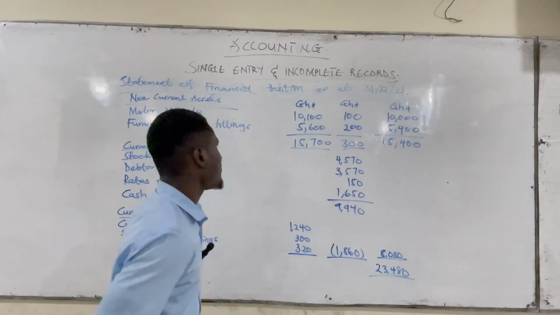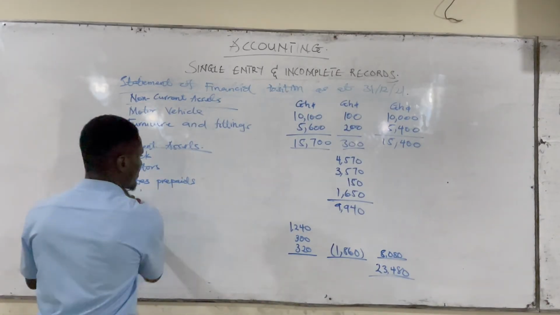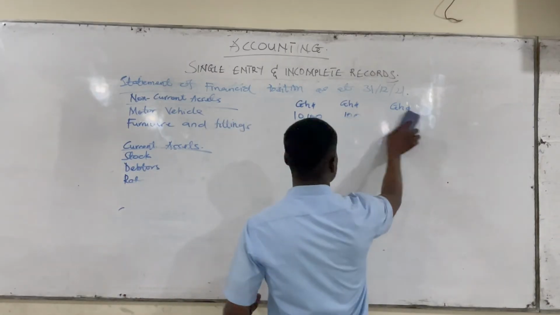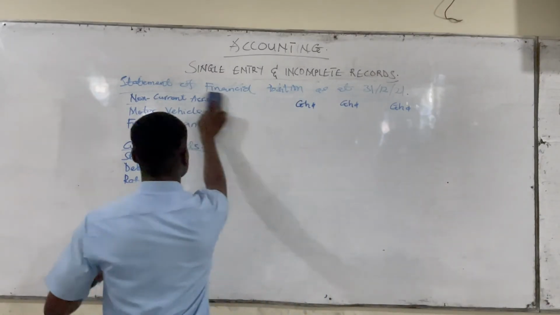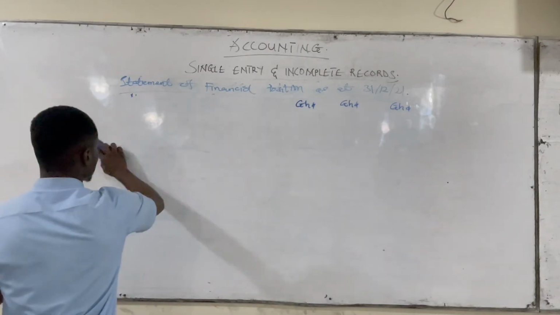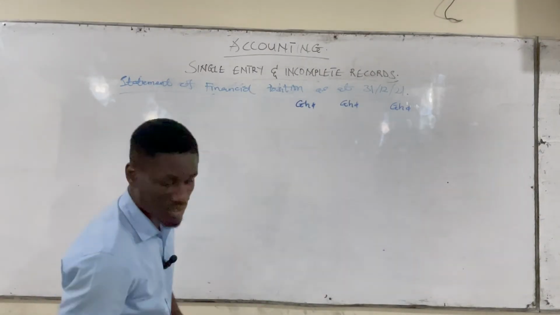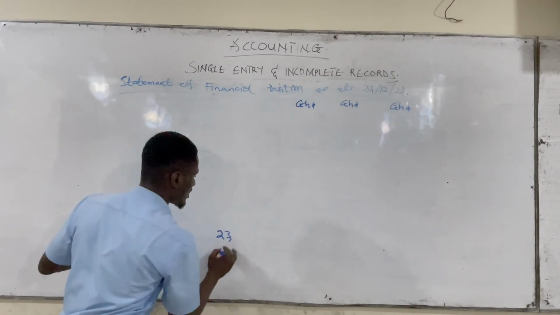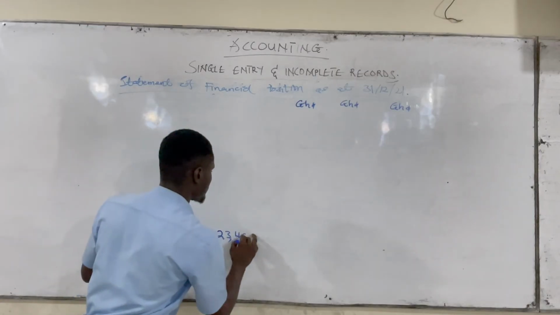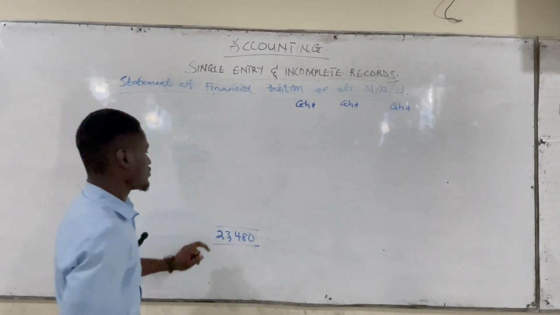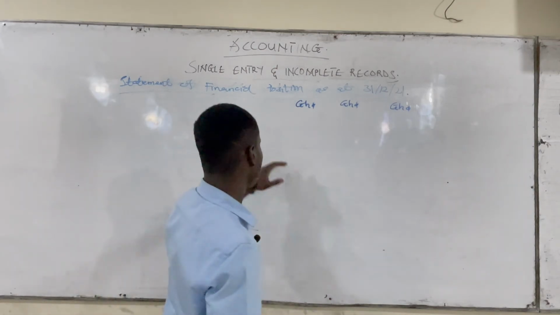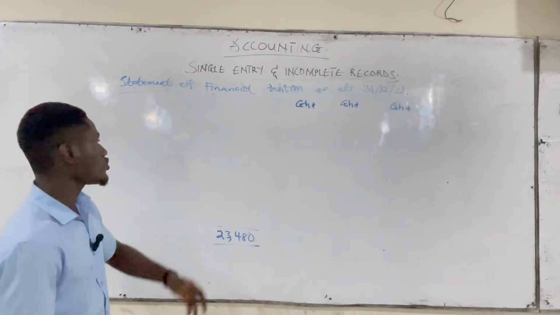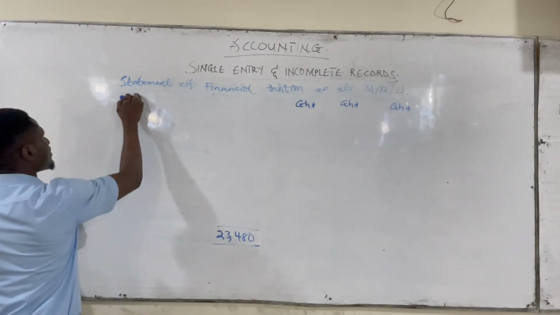So we'll go to financed by. With the financed by, we are going to start with our capital, which we've already worked for. That's the opening capital. So we had a net asset of 23,480, right? So whatever we get should be equal to this. Because the board is too small, I've cleaned the board to continue with the financed by. So financed by.